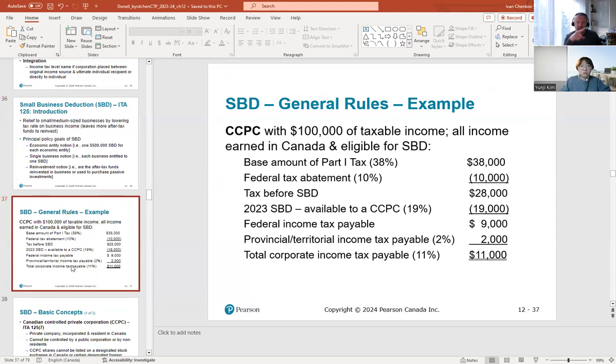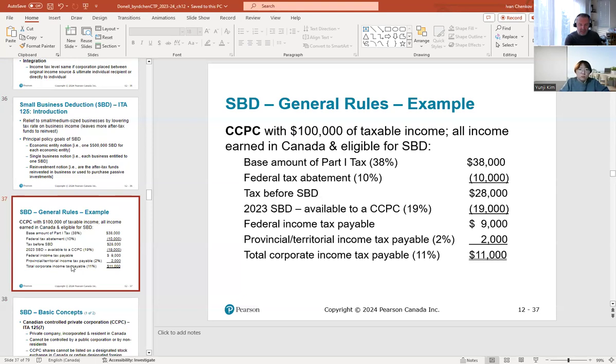Let's see this. Canadian-controlled private corporation with $100,000 taxable income. All income is earned in Canada, and everything is eligible for small business deductions. Now the question is, what will be the rate that's going to apply? Well, 38%, no questions about it. They're going to apply the federal tax abatement 10%.